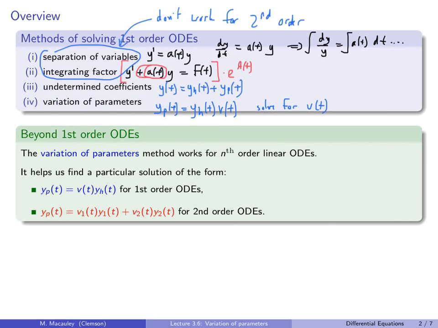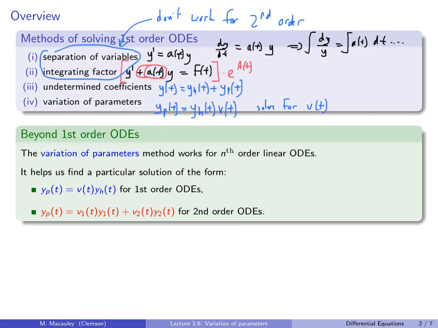And it not only works for second order, it works for nth order. And actually more than that, it works for n by n systems of first order ODEs. So to compare the first order and second order methods, the variation of parameters method works for first order. You guess the particular solution is some function times the homogeneous solution.